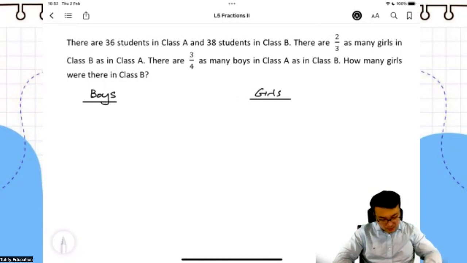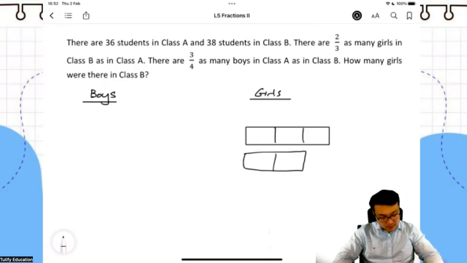So let's say we draw 2/3 as many in class B as class A. That means this is class B, this is class A. There are 2/3, 2 out of 3, as many girls in class B as compared to class A. It looks about right.